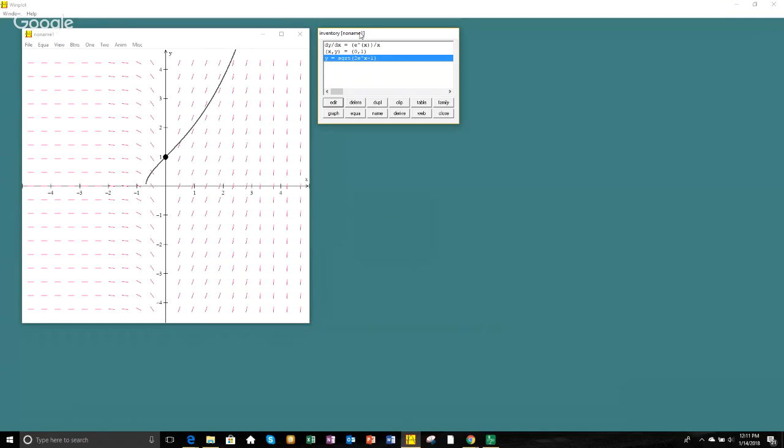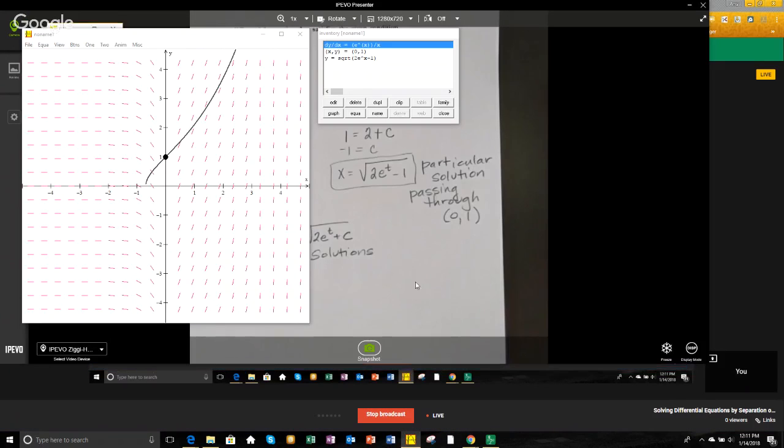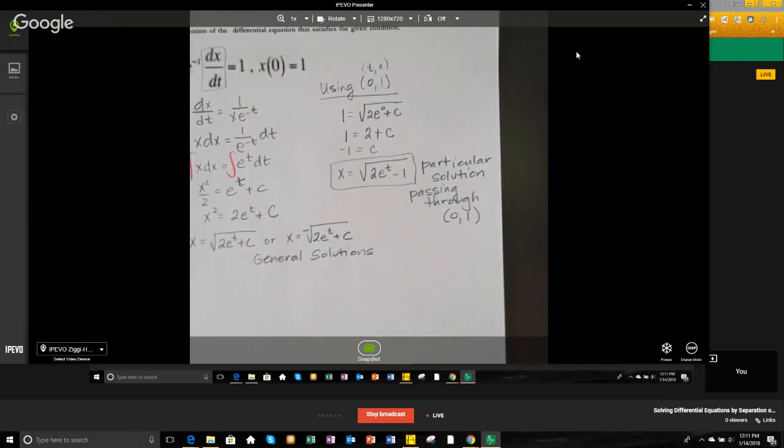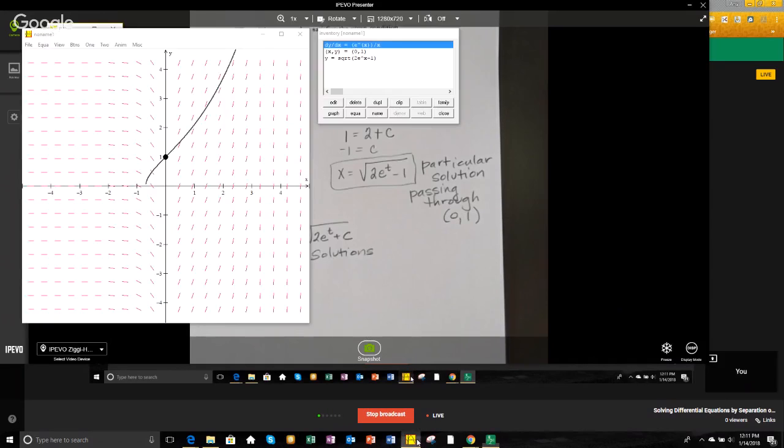So let's see. My dy dx should be, if I look back here, let's see. Oh, wait, it's really 1 over y. Okay, I need to switch that. So let's look at our slope field here.